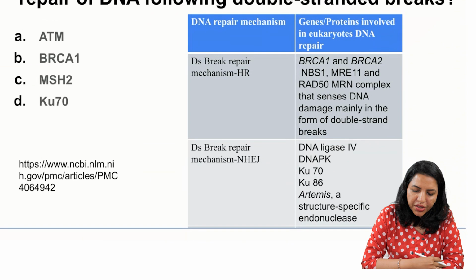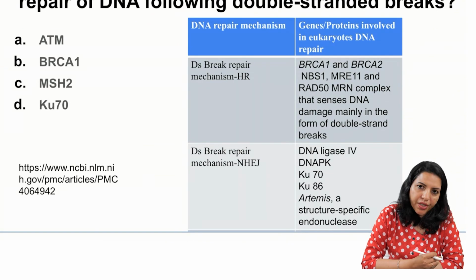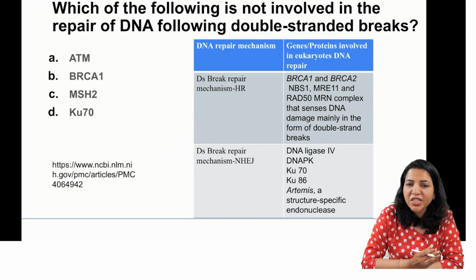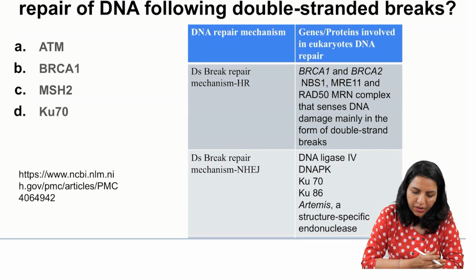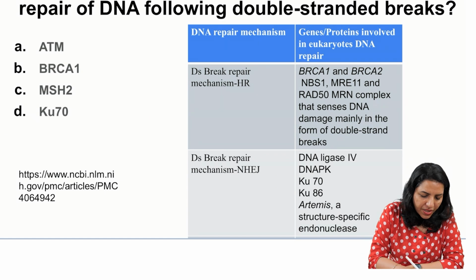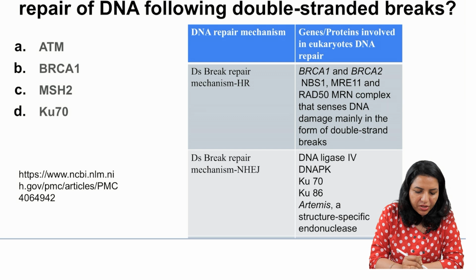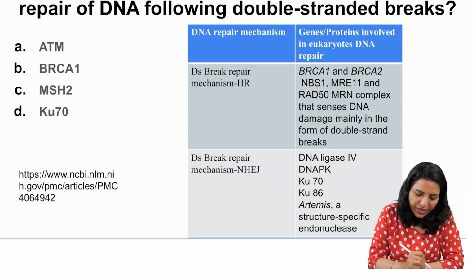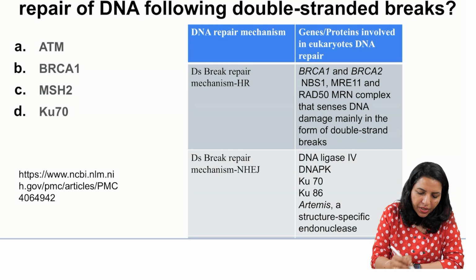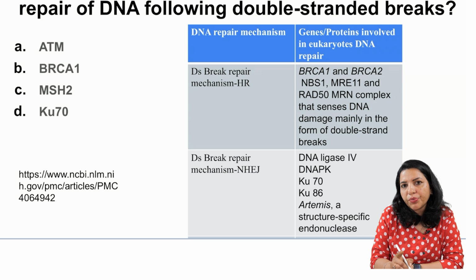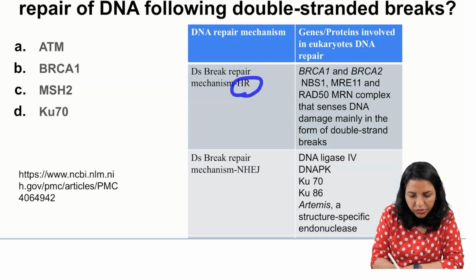So the next question is about double strand break repair and the genes and proteins involved. Which of the following is not involved in the repair of DNA if there is a double strand break? The options are ATM, BRCA1, MSH2 and Ku protein, Ku70. So we will see which are the proteins involved in double strand break repair. We know that there are two types of double strand break repair mechanism. One is homologous recombination, the other is non-homologous end joining.